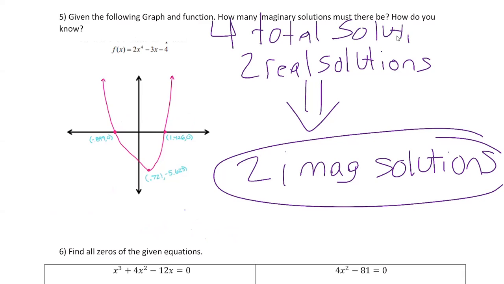Based on our graph, we know there's 2 real solutions, so there has to be 2 imaginary solutions. You don't have to write it out super formal, but you need to write enough so I can see what logic you used. Talk about how many solutions there are, how many real solutions, and then use that to show me how you got your answer. Don't just put that there's this many imaginary solutions. I want to know how you knew that.